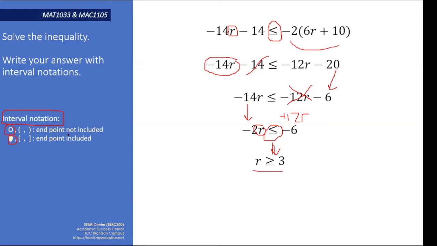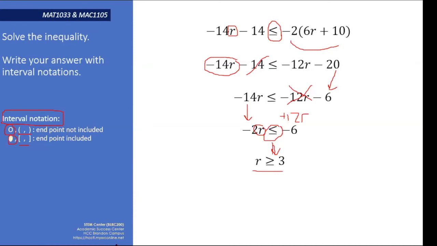And we use grouping symbols. Those grouping symbols that we use depend on whether the endpoints, so the starting and finishing point, are included as solutions. If they aren't included in your solution, we use parentheses for the point that is not included. If they are, then we use a bracket to indicate that it is included.